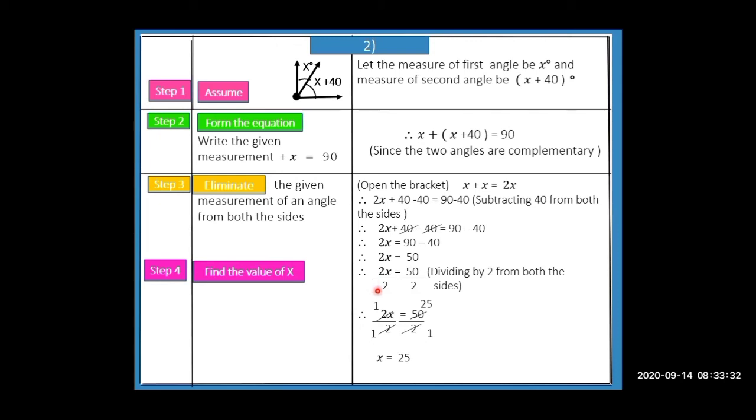Therefore, 2x upon 2 equals 50 upon 2, dividing by 2 from both the sides. 2 ones are 2, x will remain on the left hand side, equals 50 upon 2, 25 twos are 50. Therefore, x equals 25. So, we got this first angle is 25.